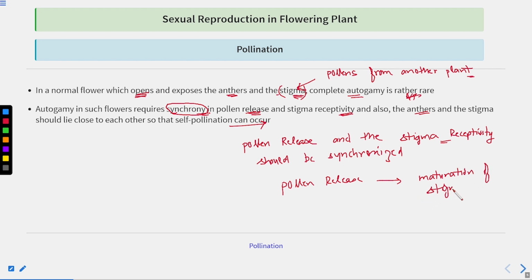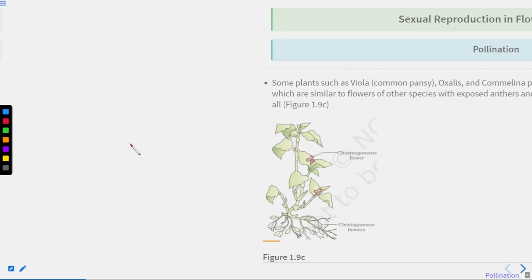If the stigma is not receptive, then even if the pollen lands on the stigma, it will not germinate. Okay, clear? So these are the conditions for autogamy. You can write: conditions for autogamy. There should be a synchrony between the pollen release and the stigma receptivity. Clear? Now let's move on.